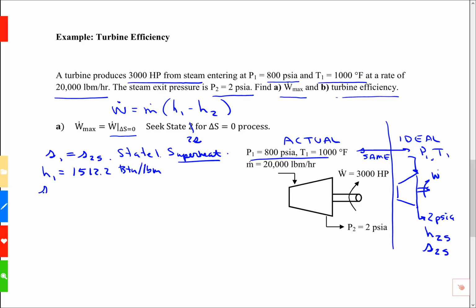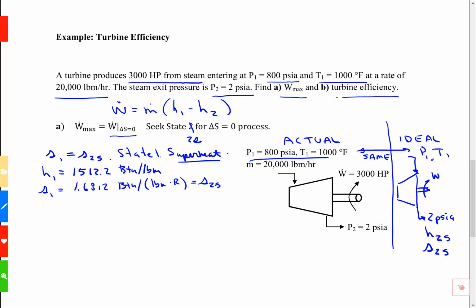And S1 is 1.6812, and that's in BTUs per pound mass per Rankine. And that's the same as S2S. All right, so that tells us we've got state 1.